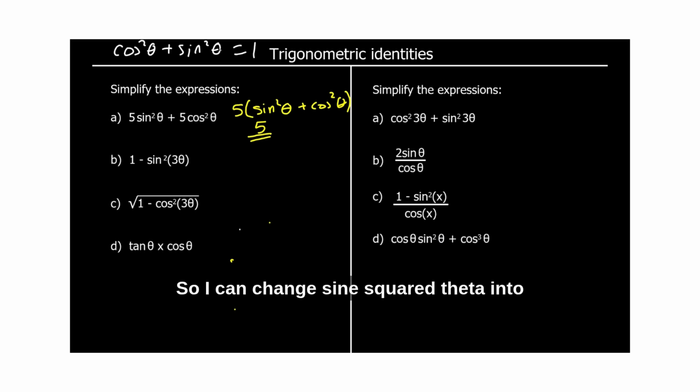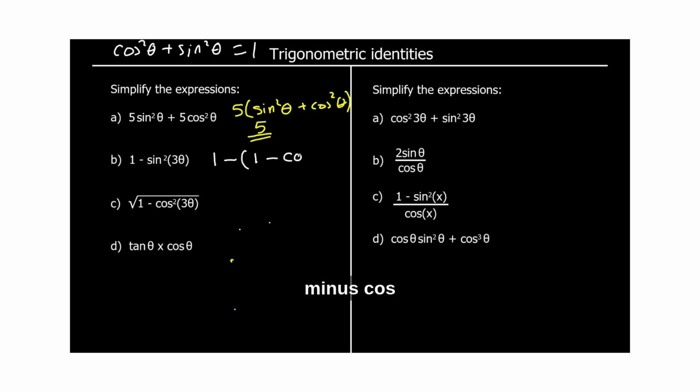So I can change sine squared theta into 1 minus cos squared theta. So it'd be 1 minus, cos squared, and then the angle is 3 theta. So I've changed sine squared into 1 minus cos squared.